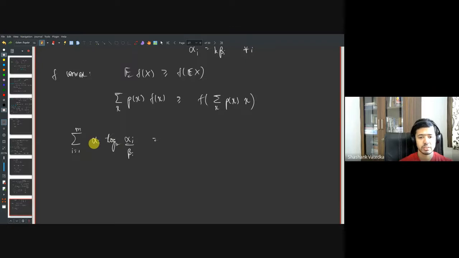But that doesn't mean that the alpha i's form a probability mass function, right? I somehow want to bring the left hand side to this particular form for some f.